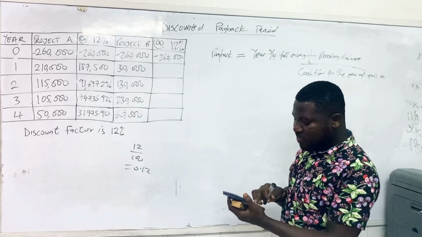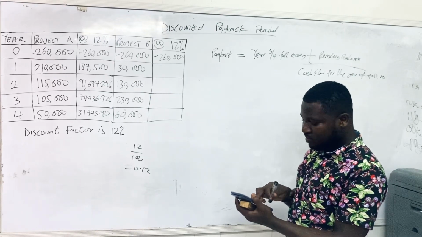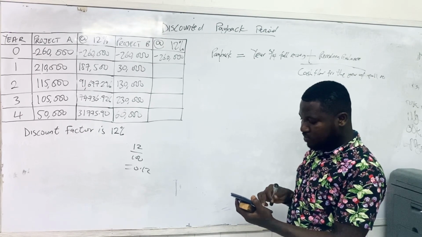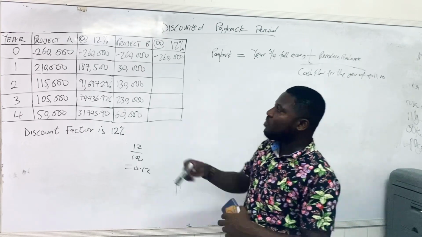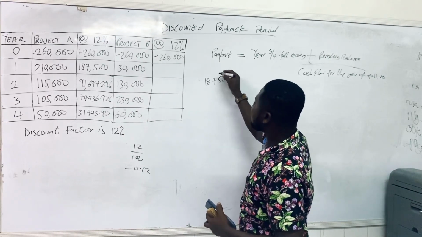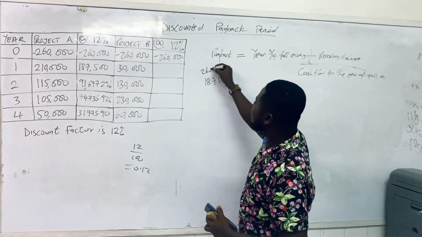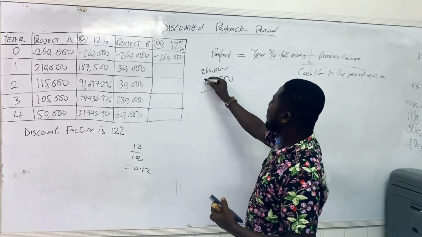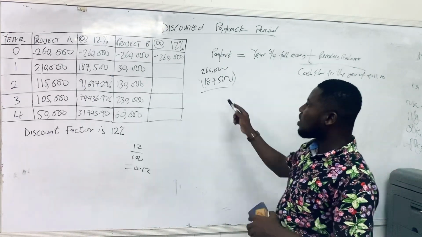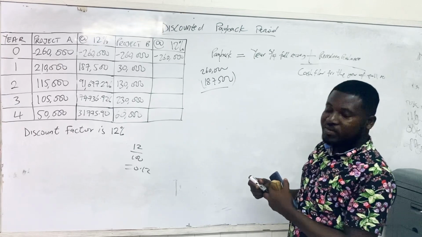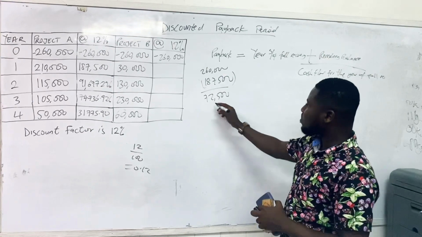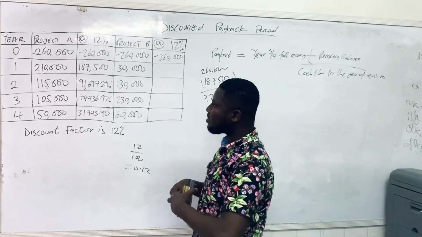The first year is giving us 187,500. We have our initial investment of 260,000. Now, how much are we left, or what is the remaining balance to add up 187,500 to get 260,000? And that is 72,500. So this is what we are looking at after the first year.